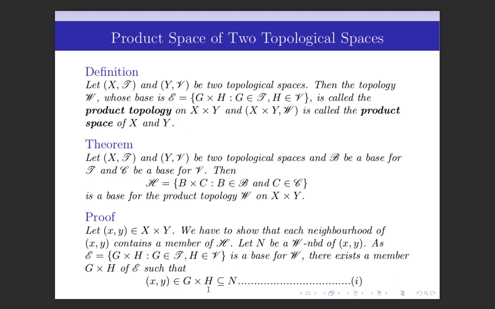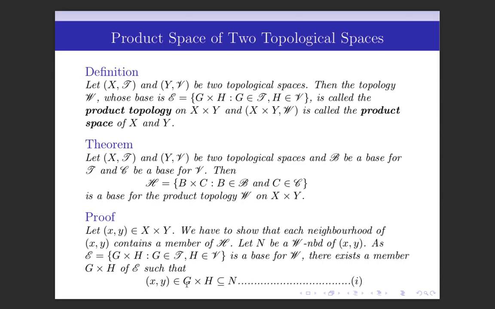So we have (x, y) belongs to G cross H, which is contained in the neighborhood N. And here x belongs to G and G is open, so G is a neighborhood of x.